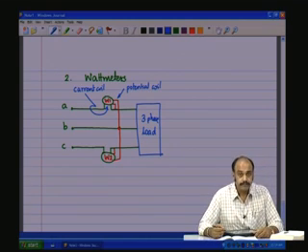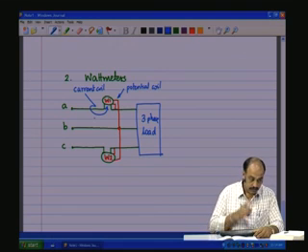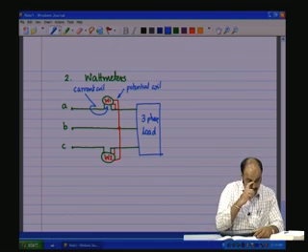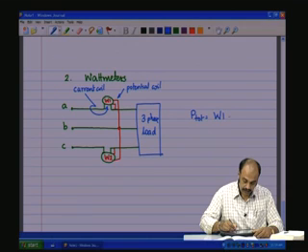Now, on taking these measurements, the total power P is equal to the reading of W1 plus the reading of W2.